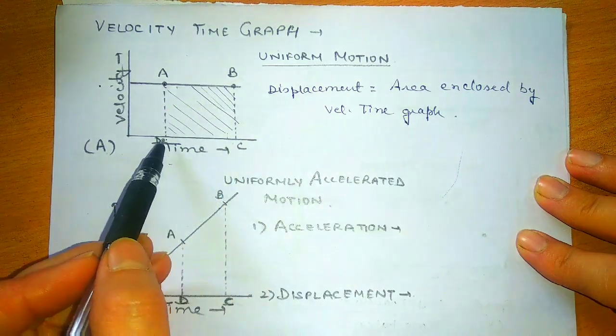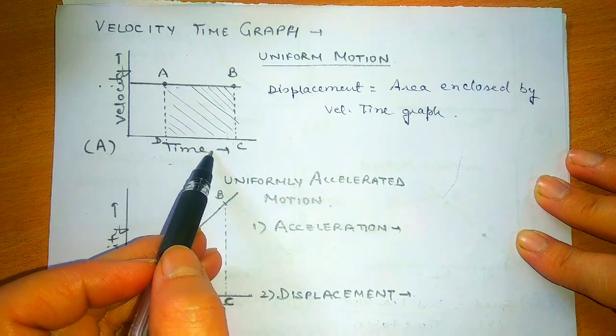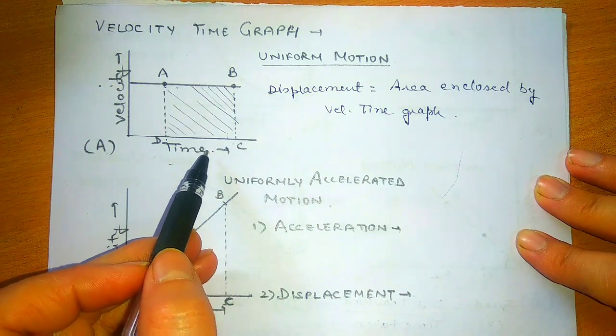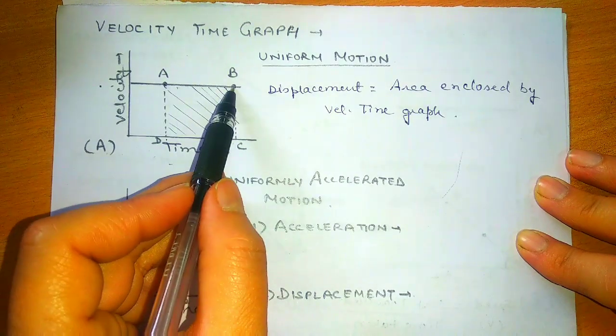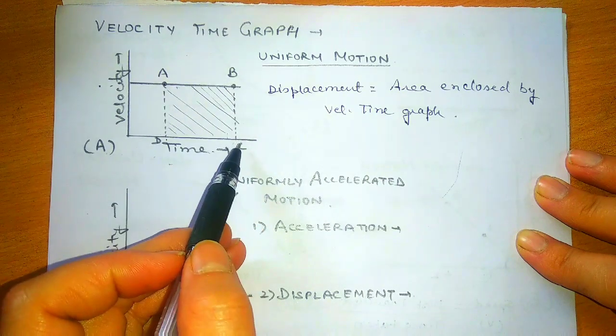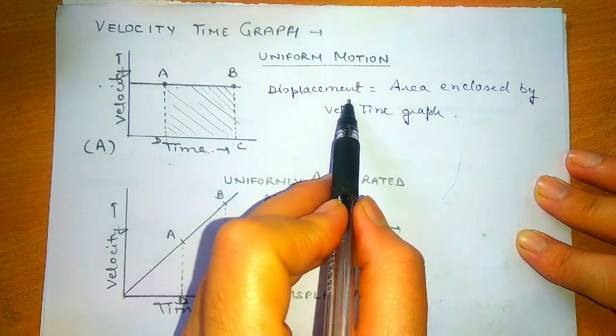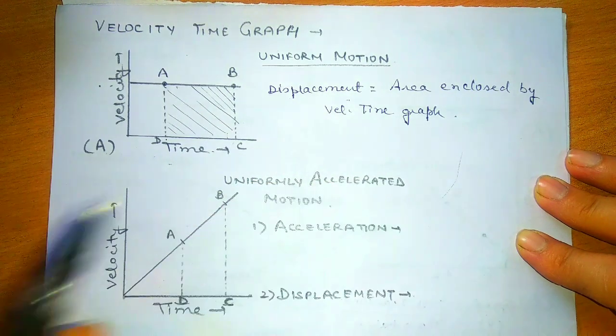Suppose it comes out to be a rectangle, which is actually the case here. So we can find the area of the rectangle, and we can easily measure the length and the breadth for this graph, and length into breadth gives us the value of displacement.